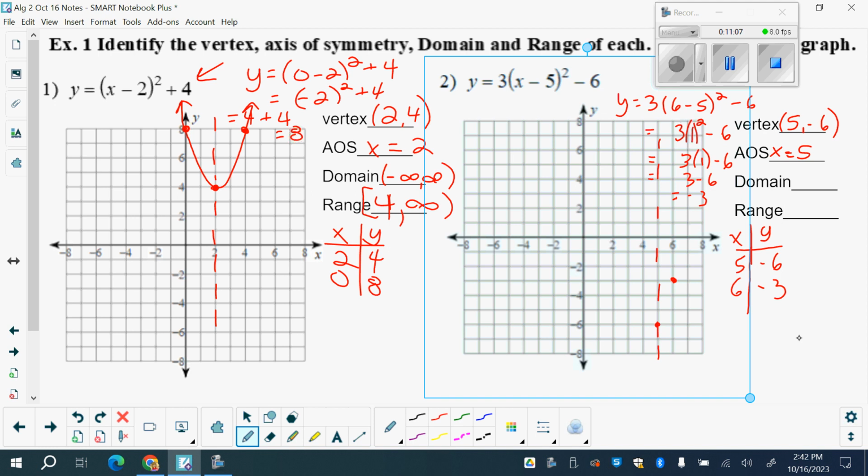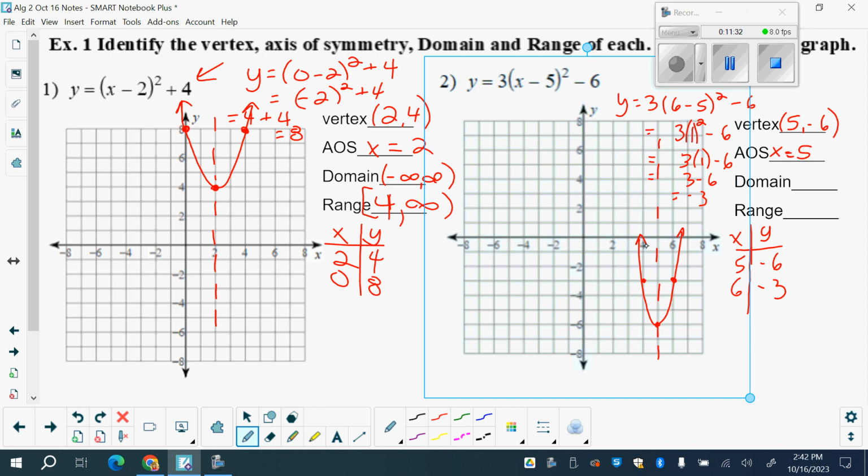We're going to reflect it over that axis of symmetry. 1 to the right, so we go 1 to the left. And then our graph looks like that.